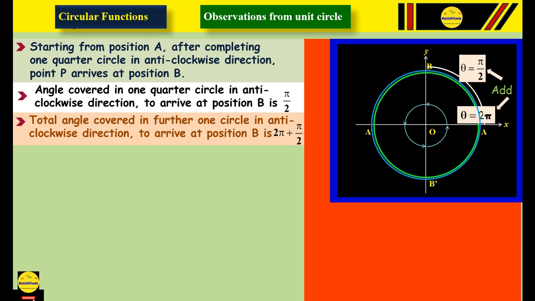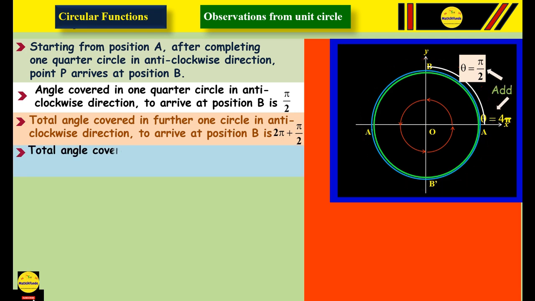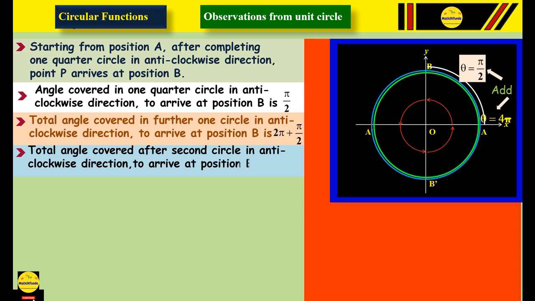Now who stops us? Point P can further move and then another 2 pi would be added and the corresponding angle would be 4 pi plus pi by 2. Why do I say 4 pi plus pi by 2? Because initially one quarter circle was pi by 2. Then one complete circle gave me 2 pi and now this second complete circle gives me another 2 pi. So the corresponding angle is 4 pi plus pi by 2.